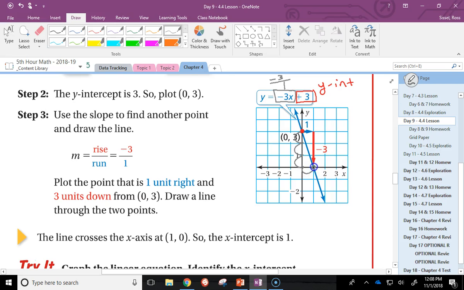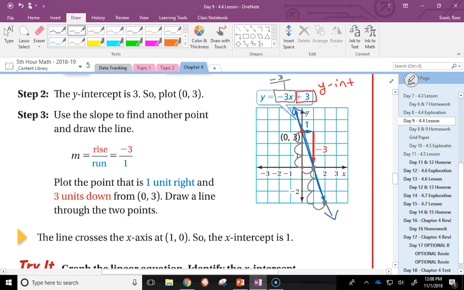There is my next point. We have 2 points, we can graph it. I can go ahead and do another point if I wanted. 1, 2, 3, over 1. It would be here. Then all you do is connect your dots. So now I have graphed it.